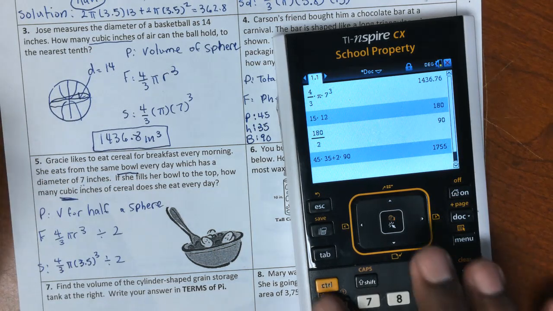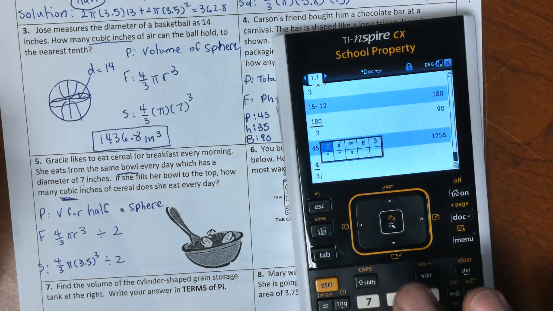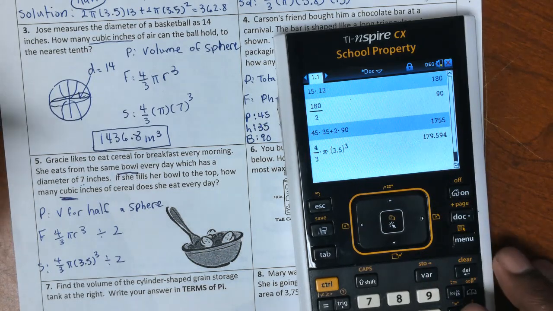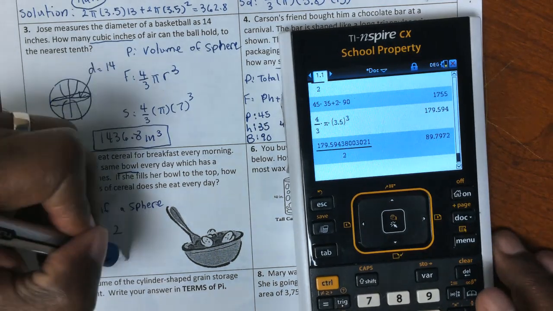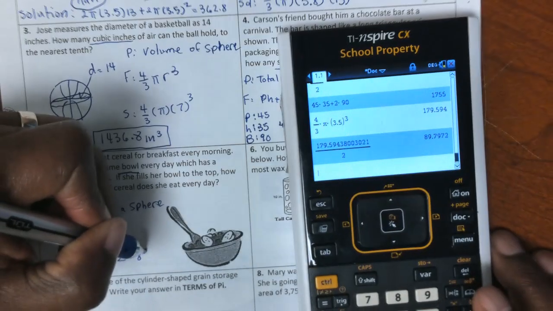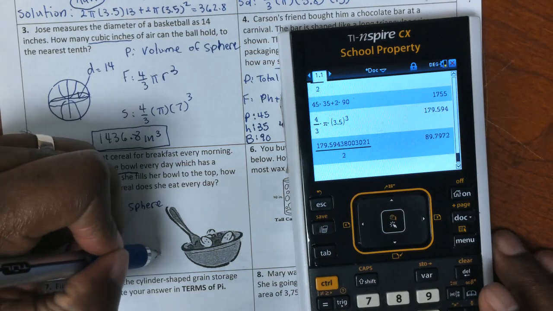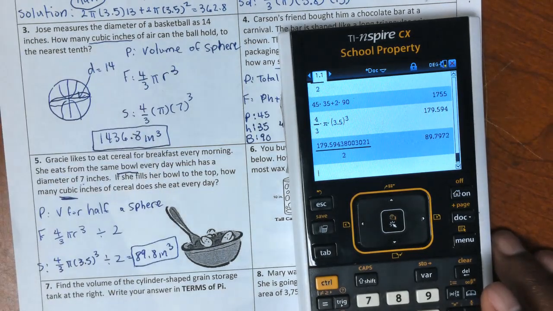So let's calculate 4/3 pi times 3.5 cubed. We get 179.59. That's for the full sphere. We divide by 2, and that gives us a total of 89.8. And that's going to be inches cubed or cubic inches for my volume of that bowl.